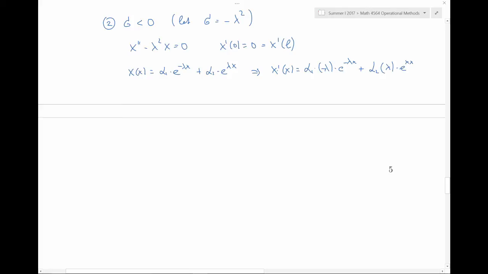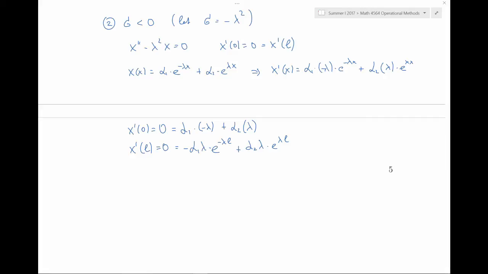Plugging in x equals 0, we get that 0 should be alpha 1 times minus lambda plus alpha 2 times lambda. And X prime of L, which also should be 0, becomes minus alpha 1 lambda times e to the minus lambda L plus alpha 2 lambda times e to the positive lambda L. This is a system of equations for alpha 1 and alpha 2.